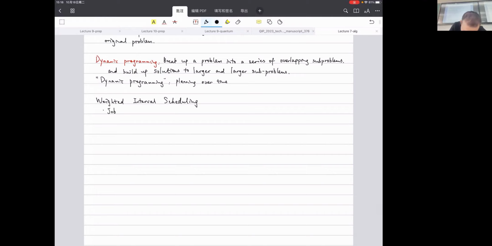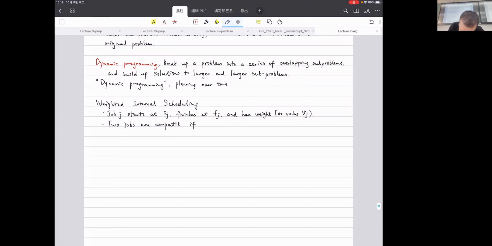Job j starts at time Sj, finishes at Fj, and has weight, or value, Vj. Similar to the unweighted version of the interval scheduling problem, we say that two jobs are compatible if they don't overlap.